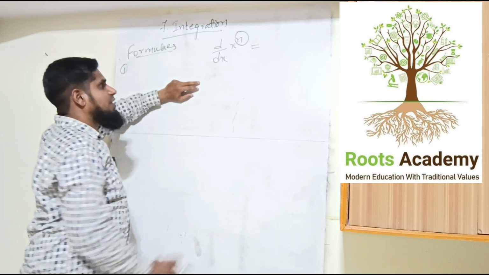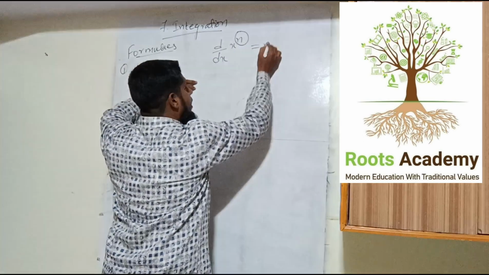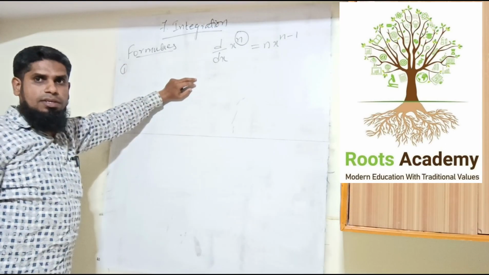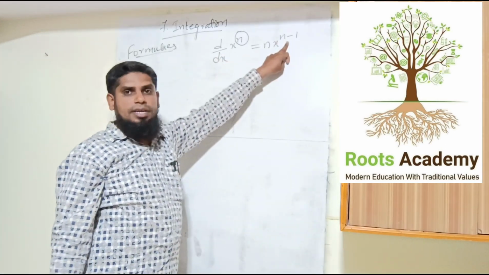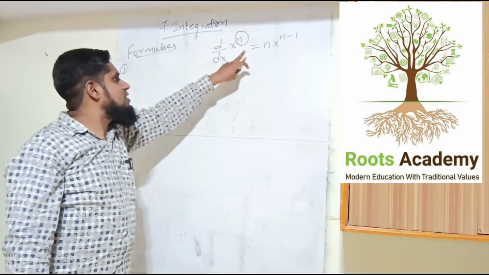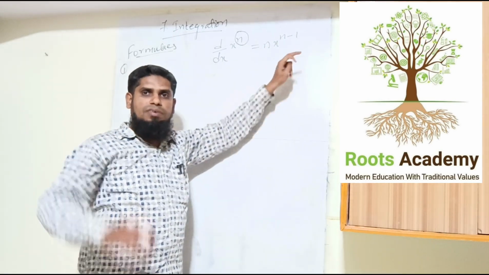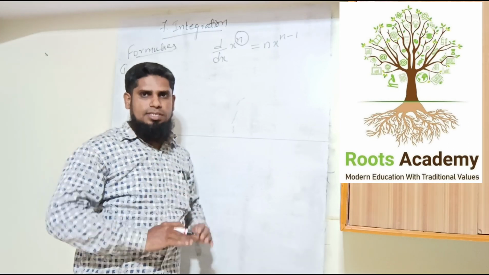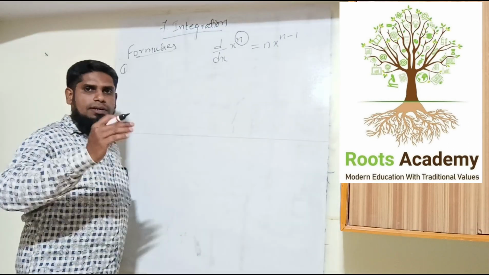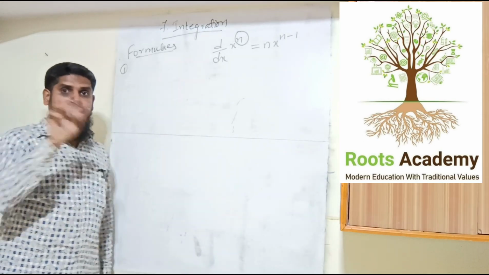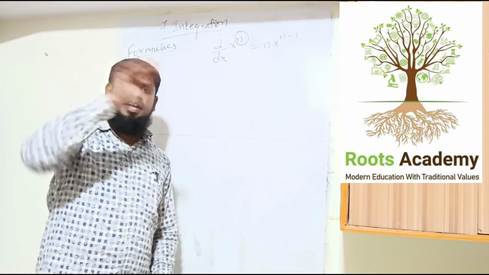Now if we differentiate, I will get n into x power n minus 1. The degree of x is reduced after differentiation, meaning the function is reducing. Whereas in integration, the function will increase.